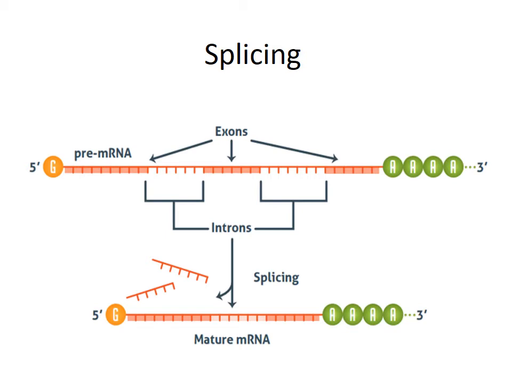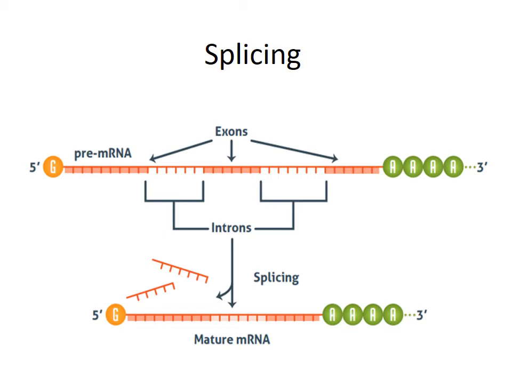These non-coding sequences we can sometimes consider junk sequences because they don't have any role in the synthesis of proteins. They do not take part in the process of translation.